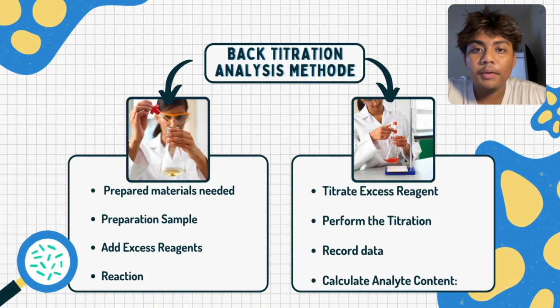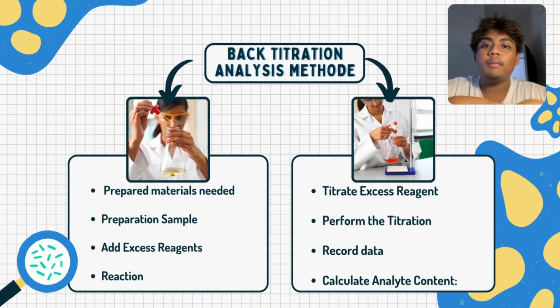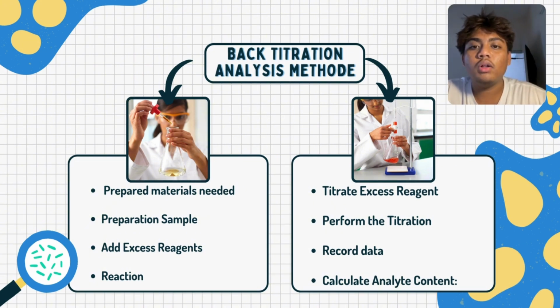Number 1 is prepare materials needed, basically the apparatus and chemicals that we want to use in this experiment. Number 2 is preparation of sample, in this step we dissolve the solid sample in a small amount of distilled water. Number 3, add excess reagent. Number 4 is to allow the reaction to complete.